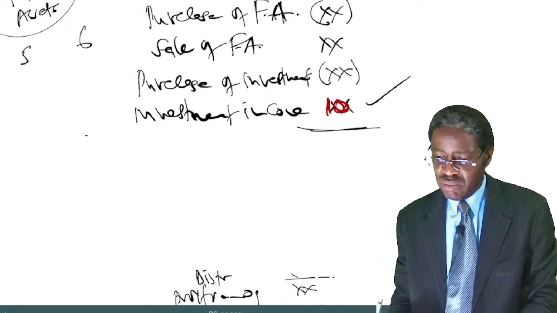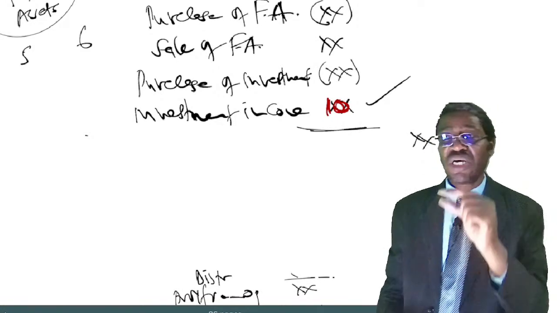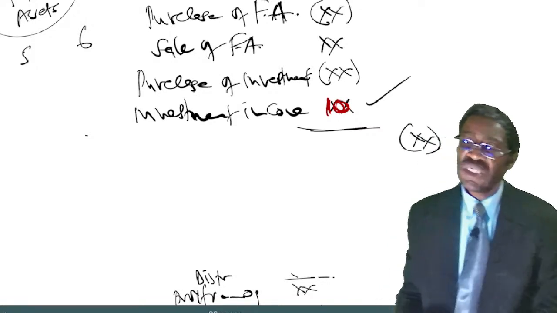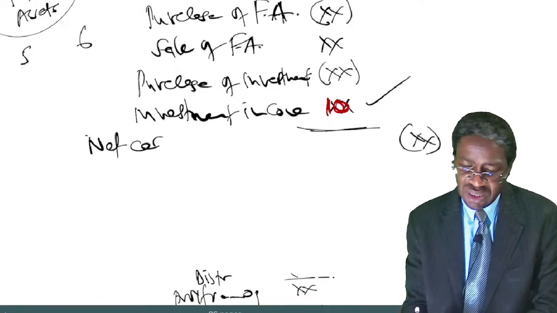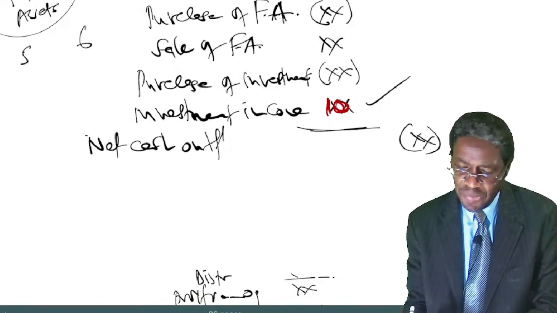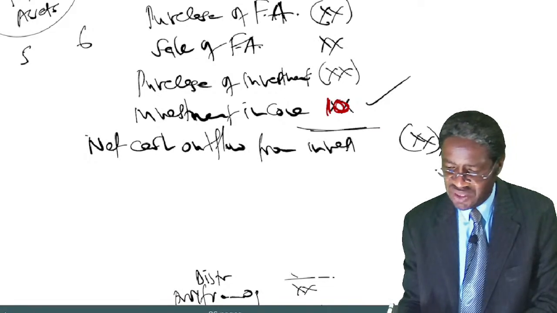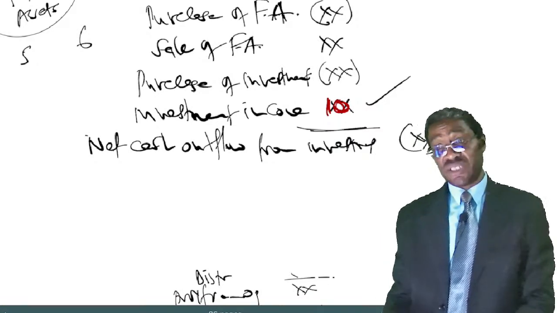Get the net, push it to the extreme. For purpose of illustration, I want to assume again the amount is negative. If it's negative, I said you call it net cash outflow from investing activities.